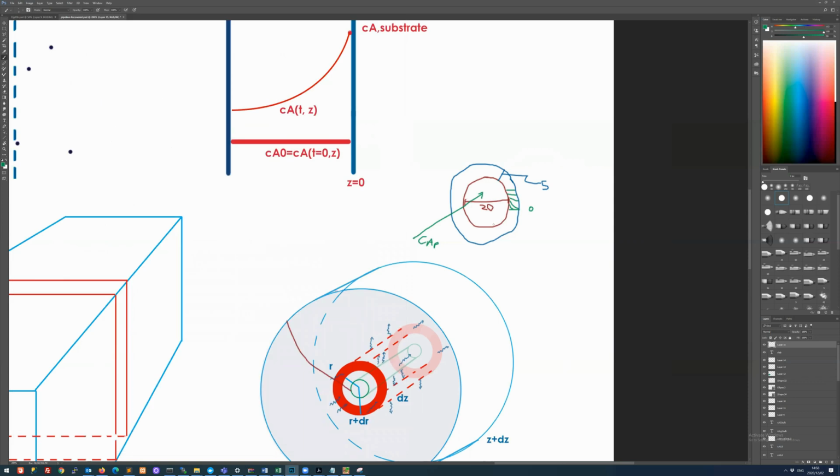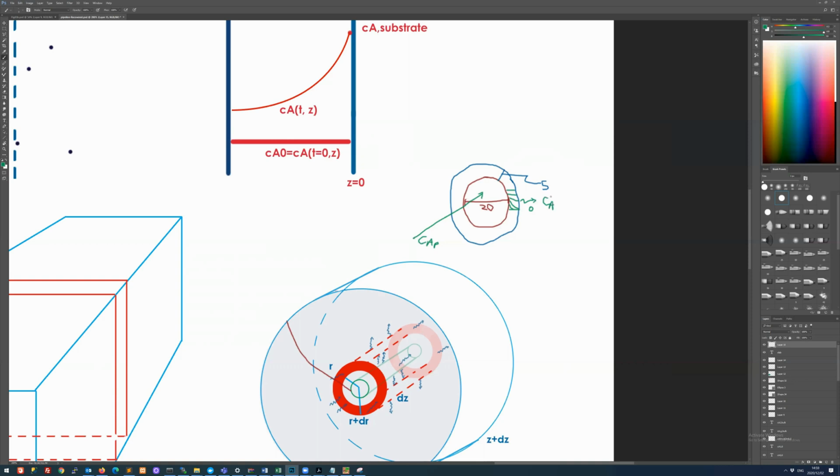Now, if we look at what we've drawn here, we can see that the low point is going to be the point near the surface, right? We know there's diffusion out to the air here, so that's always going to be the low point. So we want to find out, when do we reach A star? Let's just call it A star here.